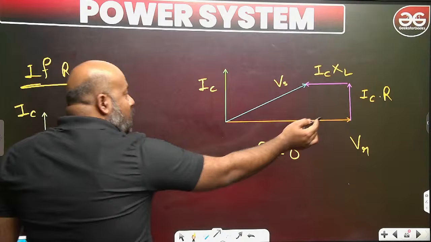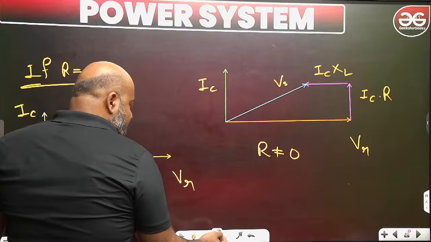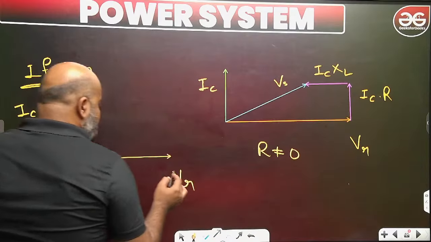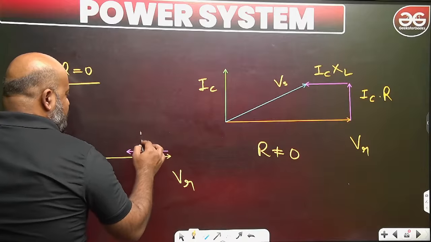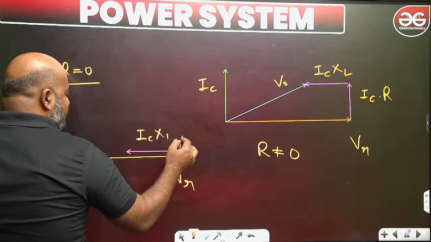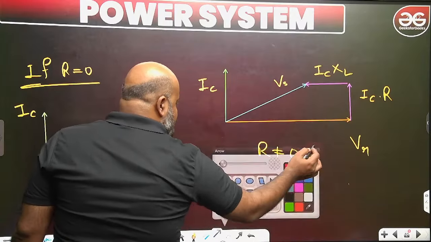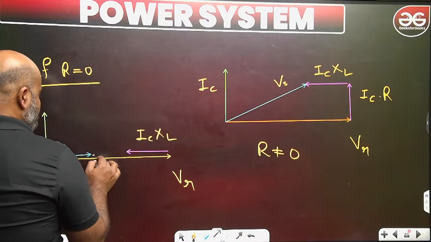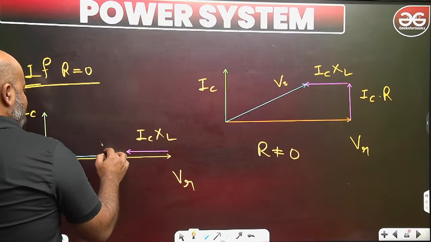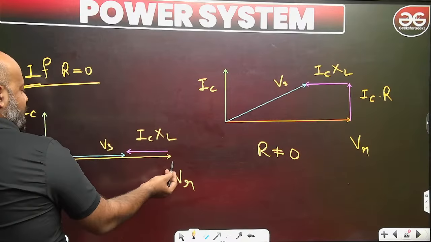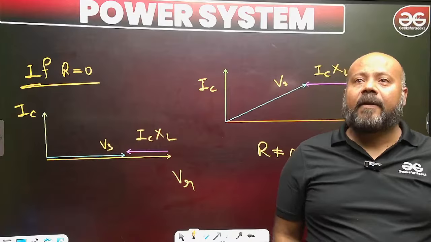Now there is no resistive drop because R is 0, so only this reactance drop is there, IC into XL. So this is the sending end voltage, and this is the receiving end voltage. Now you understand why the sending end voltage is less than the receiving end voltage.